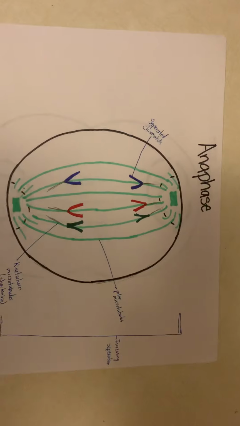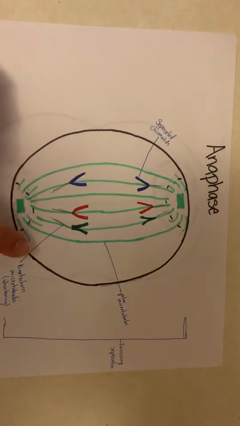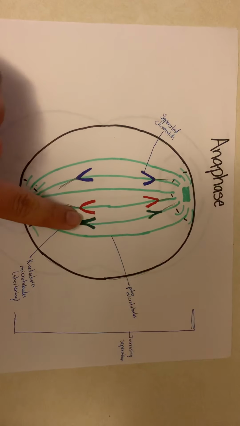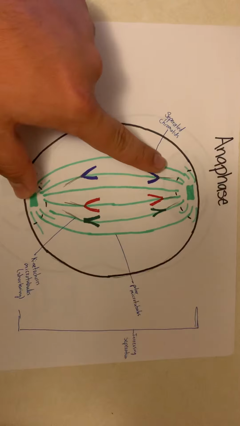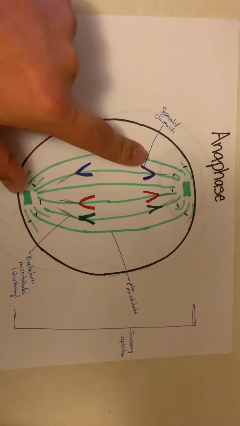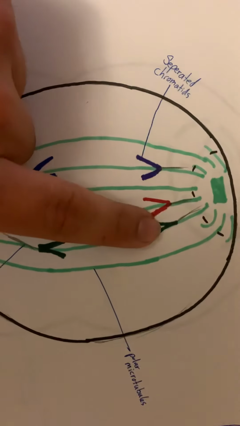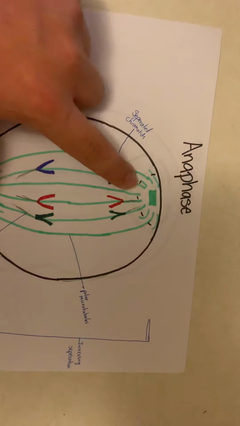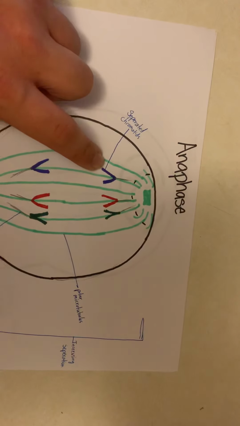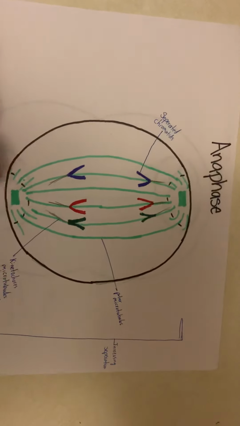In our anaphase, we'll start seeing a little bit more action as the chromatids are being pulled towards their respective spindles. So as you can see, I'm going to zoom in a little more. I still have my pencil markings with the kinetochore microtubules. They're shortening now, and they're pulling towards the spindle, which is allowing these chromatids to be separated into their own spindles.